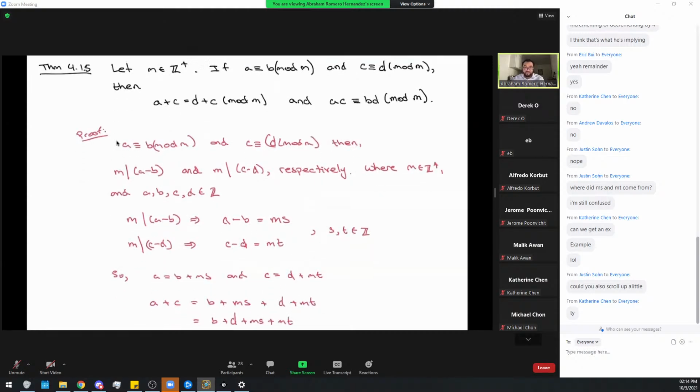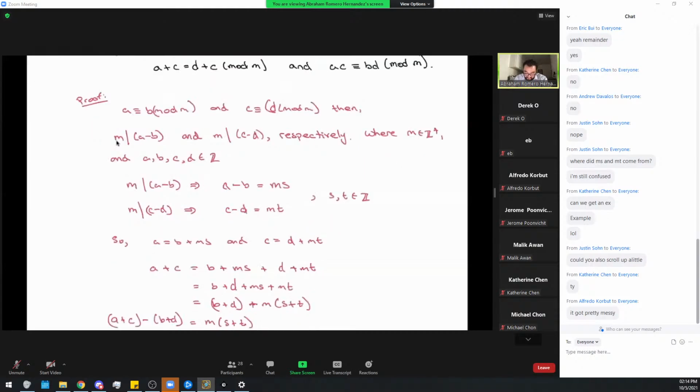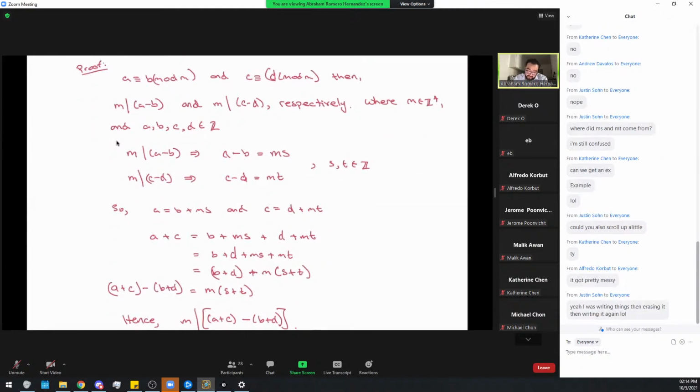Just what I get for miswriting the definition. Yeah, it got pretty messy, and that's usually how proofs go. You get stuck, and then you reread what you have, and then you're like, oh, okay. But that's the complete proof.